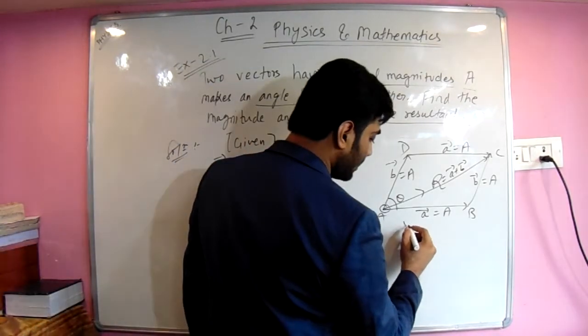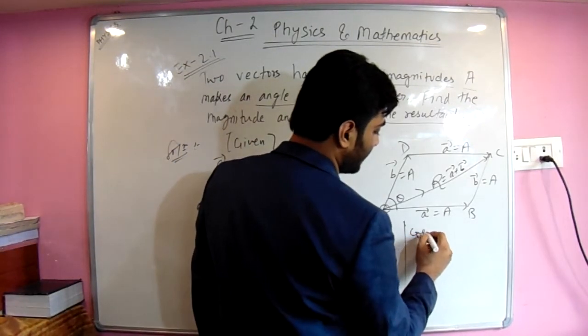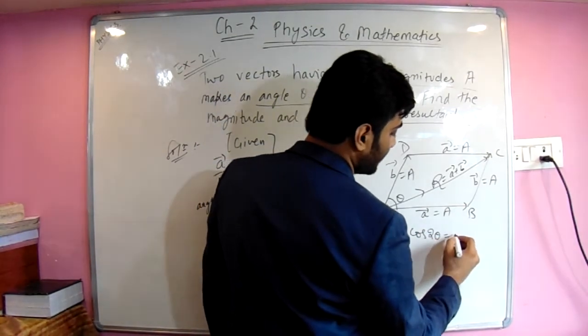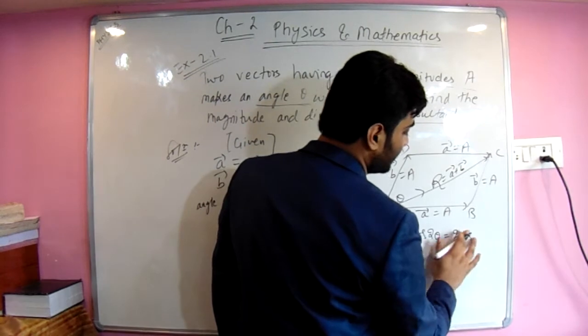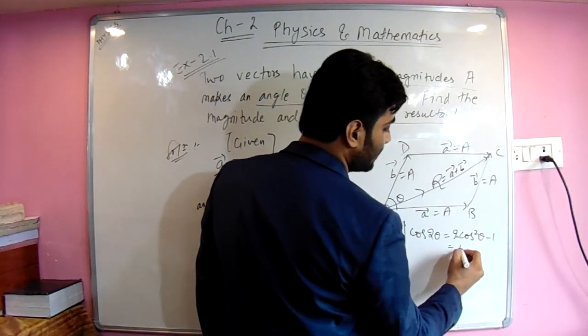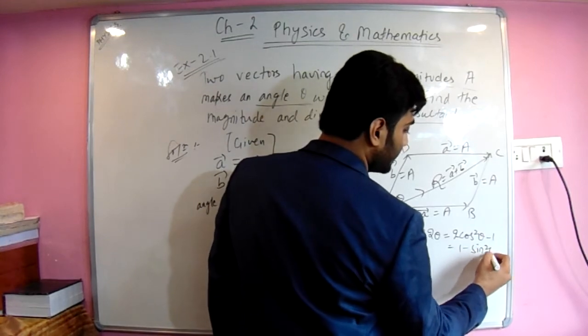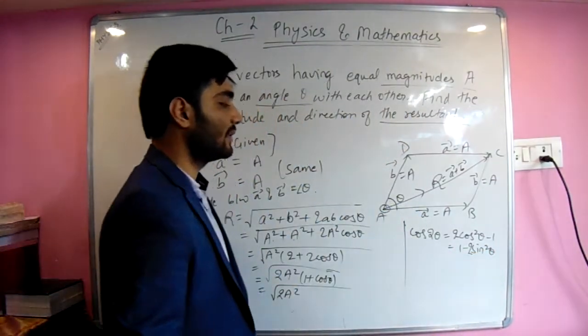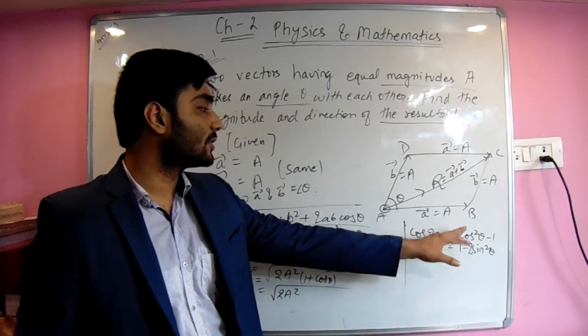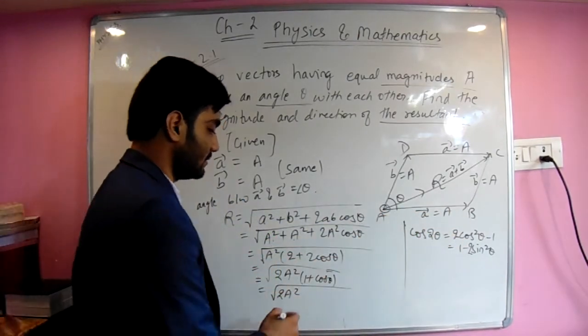Here is the formula of cos 2 theta that can be used in this question: 2 cos squared theta minus 1, or 1 minus sin squared theta. Both can be used, but we should take 2 cos squared theta minus 1.